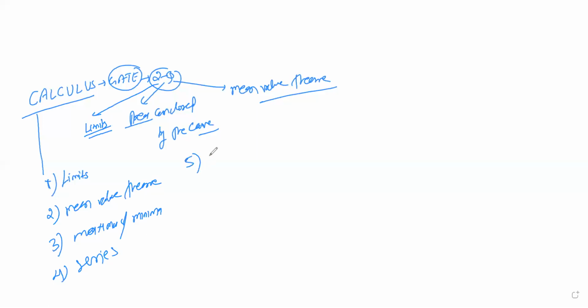Fifth one is integration, that is multiple integration. And the sixth topic we will discuss is vector differentiation. And the seventh topic is vector integration.